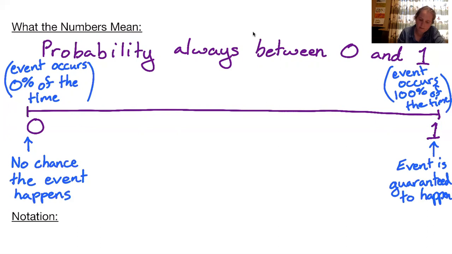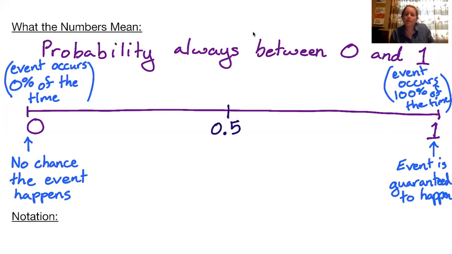Then in the middle, we have 1/2 or 0.5. A probability of 0.5 is halfway between no chance and guaranteed. So it's what we would usually refer to as a 50-50 chance.